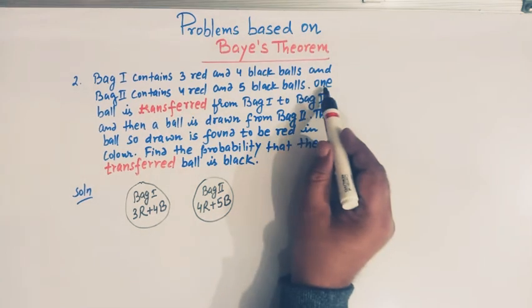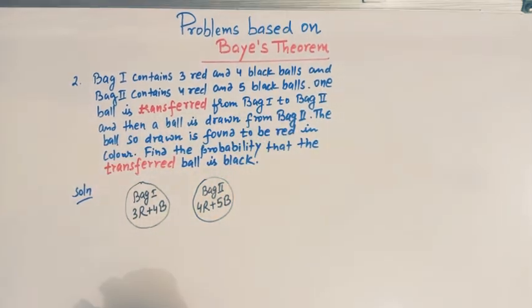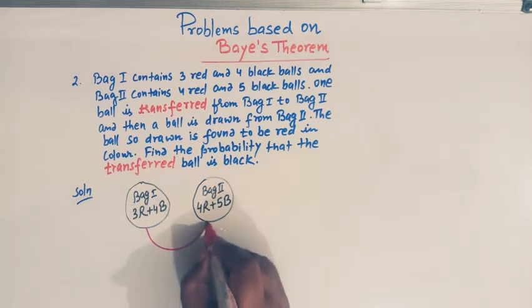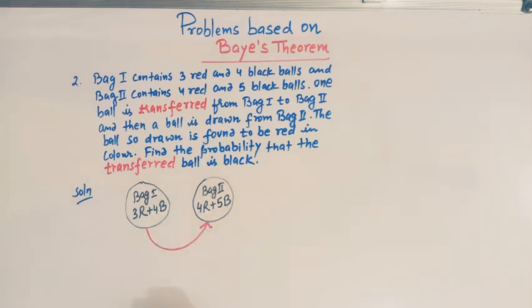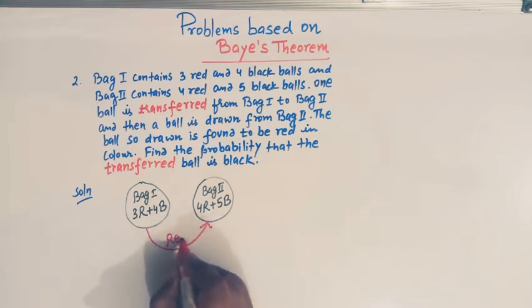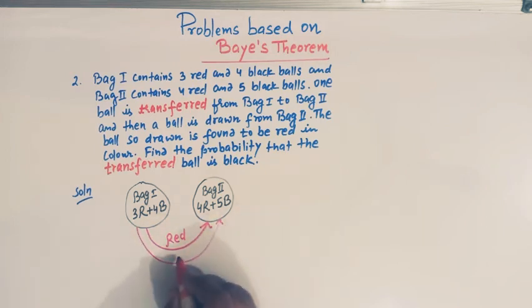Clear? Now one ball is transferred from bag 1 to bag 2. So we have to transfer one ball from bag 1 to bag 2. Now the transferred ball may be red or it may be black.